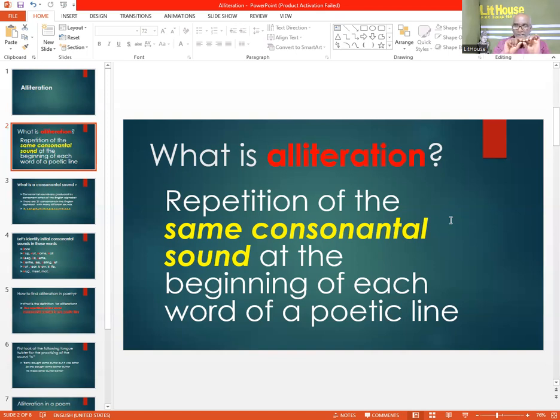Alliteration is used and checked in a specific poetic line in the beginning of each specific word, repeating the consonantal sounds.